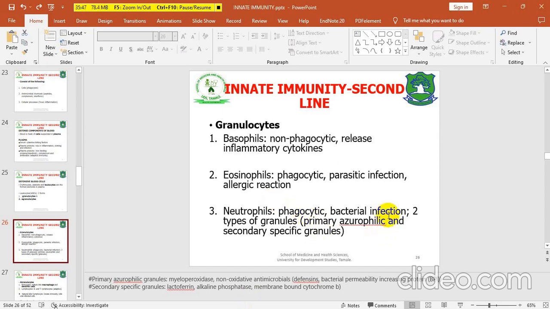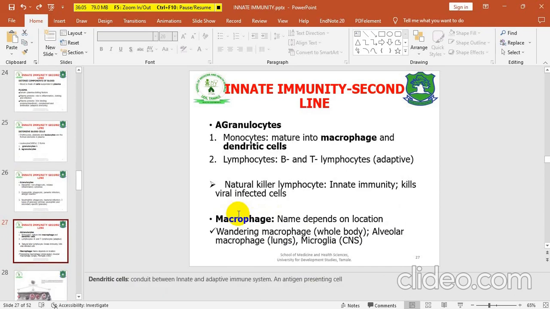They mediate bacterial infection, and they produce primary eosinophilic and secondary specific granules. Like I said, that's why they are called granulocytes. Anytime you see the full blood count results and you see granulocyte, that's neutrophils. So we have the agranulocytes, and the agranulocytes are the monocytes. Anytime you hear monocyte, know that they will mature to become macrophage and dendritic cells.